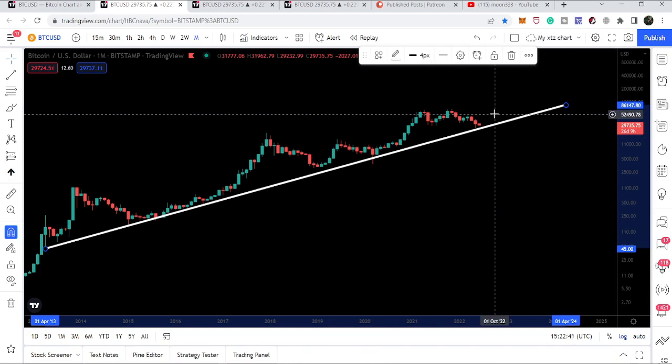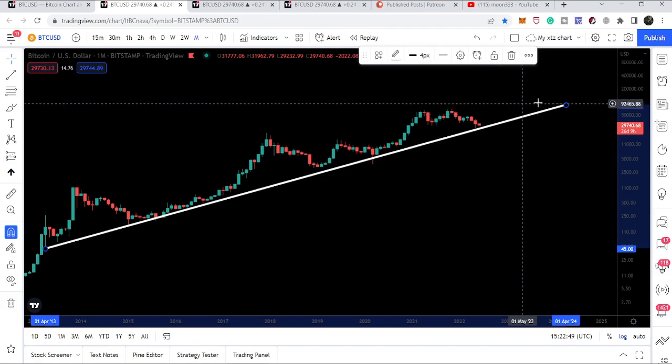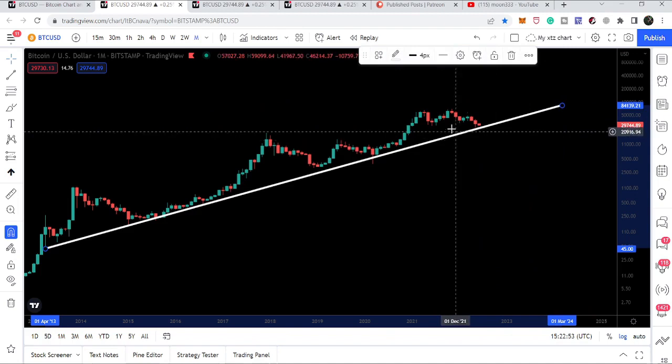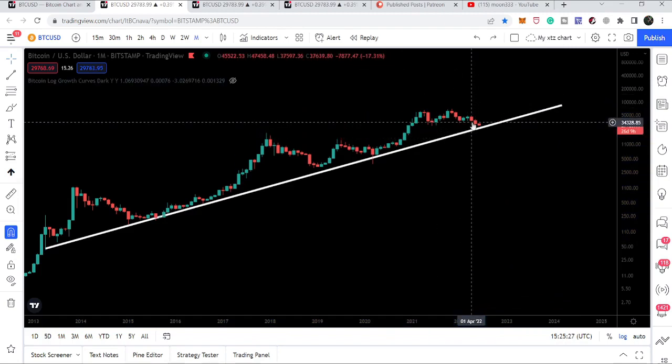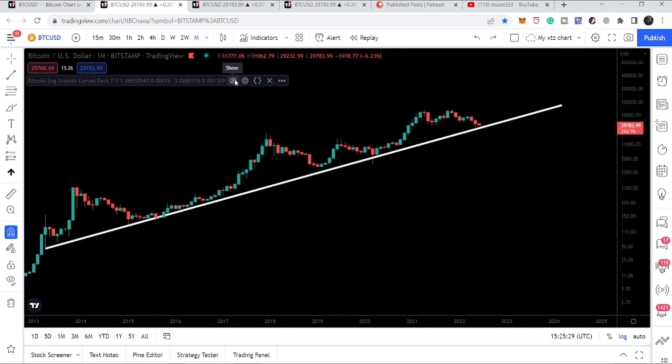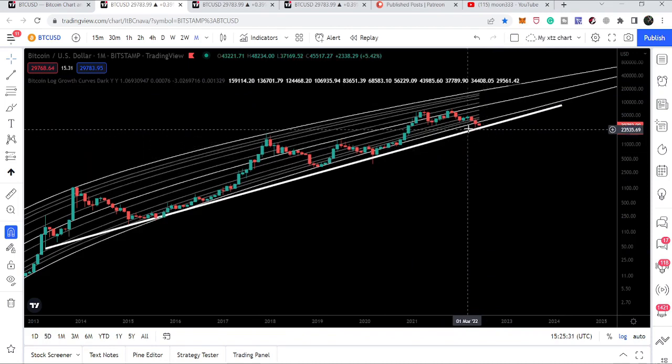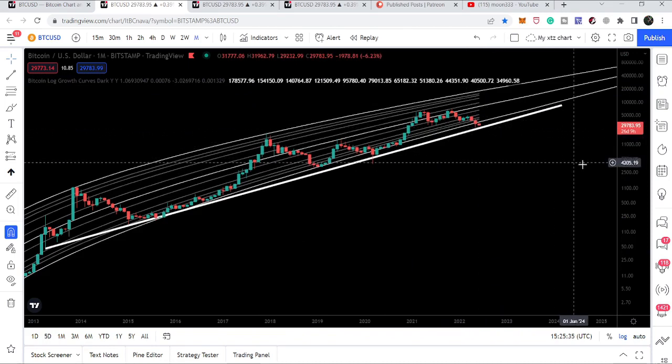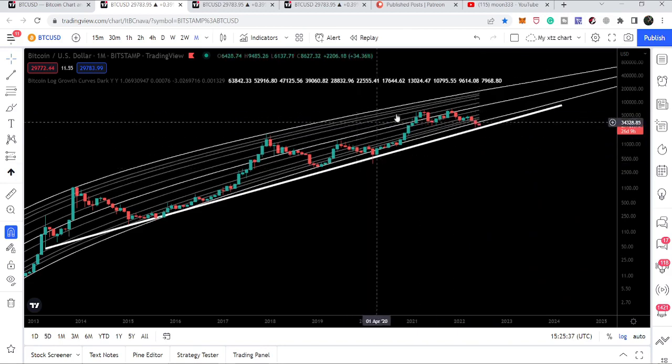The previous history of Bitcoin shows that whenever the first candlestick touches the bottom of the Bitcoin low growth curve, the next candle never sets a new low than the previous candle that touched it. And if I once again place the Bitcoin low growth curves here, then you can see that this was the candlestick that touched the curve after a long period of time.